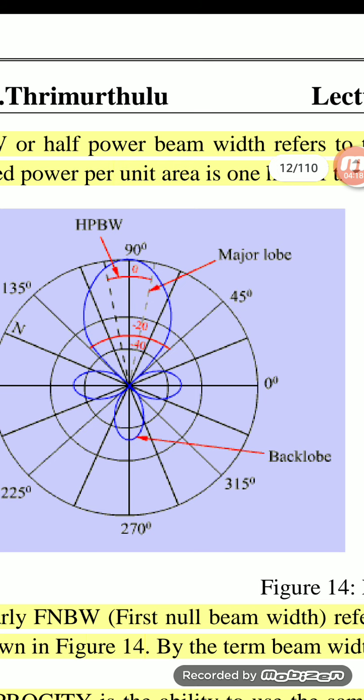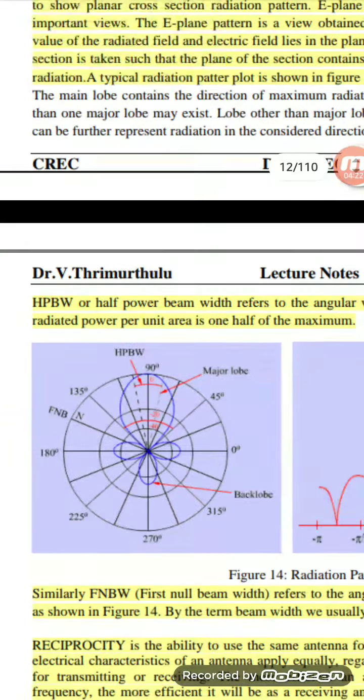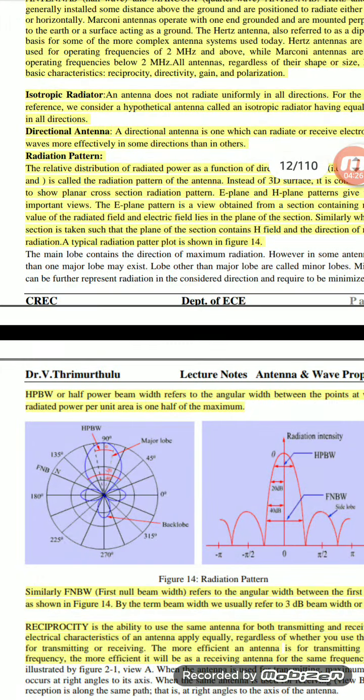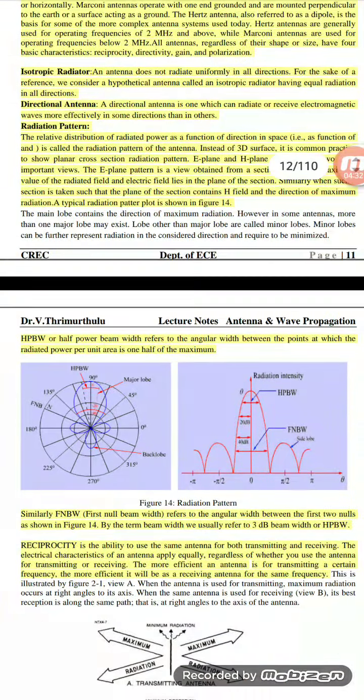This is the back lobe, the major lobe, and HPBW. HPBW means half power beamwidth. Next, FNBW, first null beamwidth.